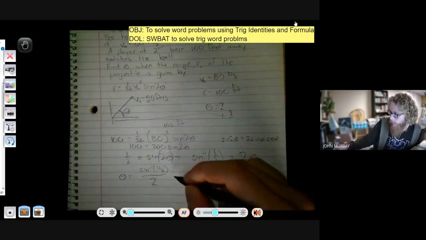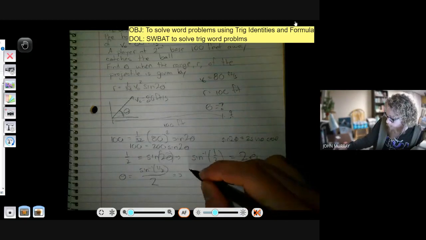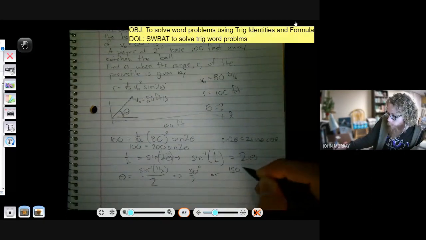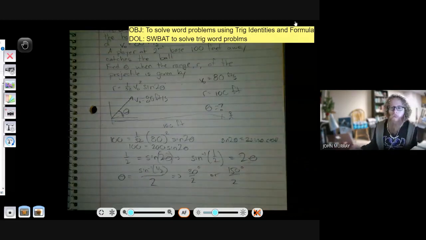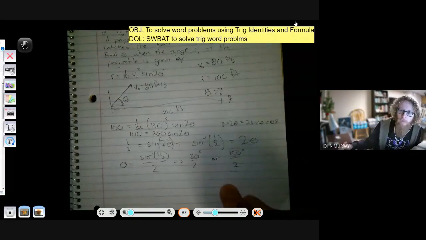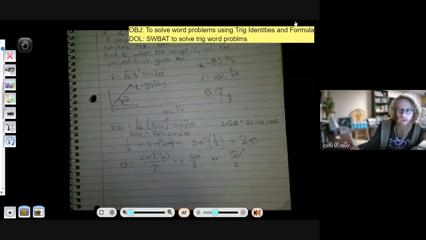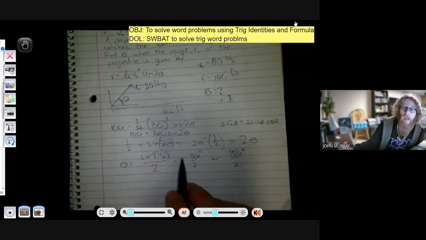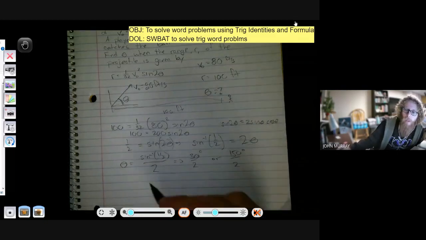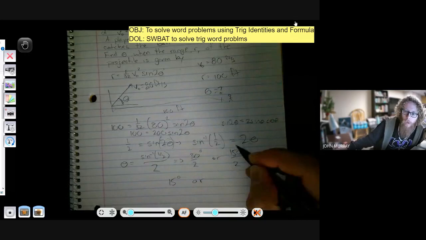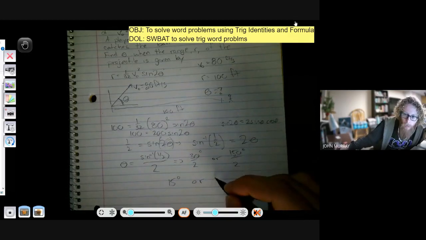All right, so I'm going to write both of those down. So I either have 30 degrees divided by 2 or 150 degrees divided by 2. Because sine^-1 of 1/2 is either 30 or 150. So my angle would either be 15 degrees or what would that be? 75 degrees.